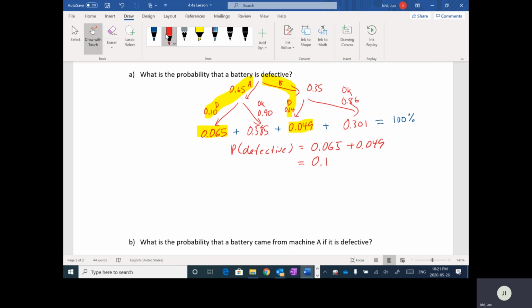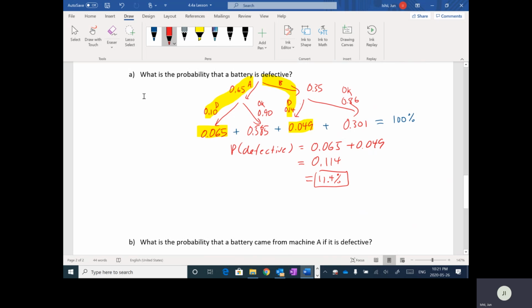Yes. All right, so in other words, 11.4% of the time, you'll get a defective chip, okay? Because that's these two branches right here. Defective and defective. So it's either going to come from machine A or machine B. You'll be defective.